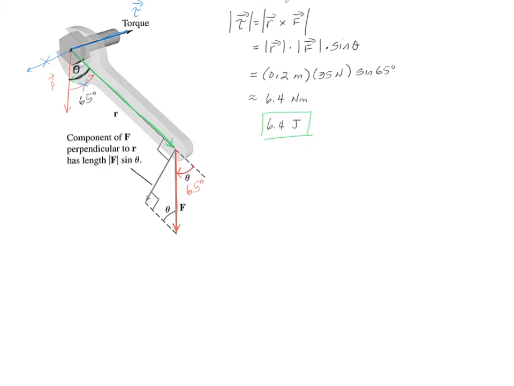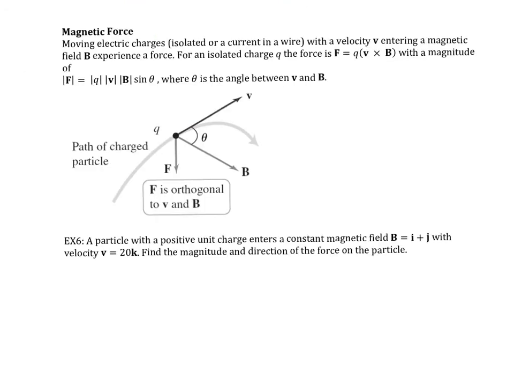Okay. So let's look at another problem. Oftentimes we use cross products when describing particles, charged particles moving in a magnetic field. So let's discuss what all of this means. We're going to be looking at magnetic force. Okay?